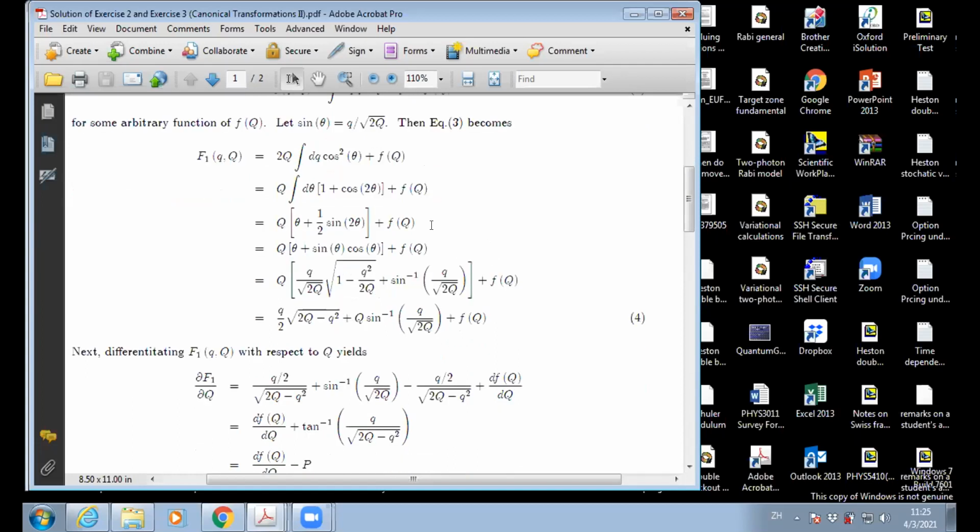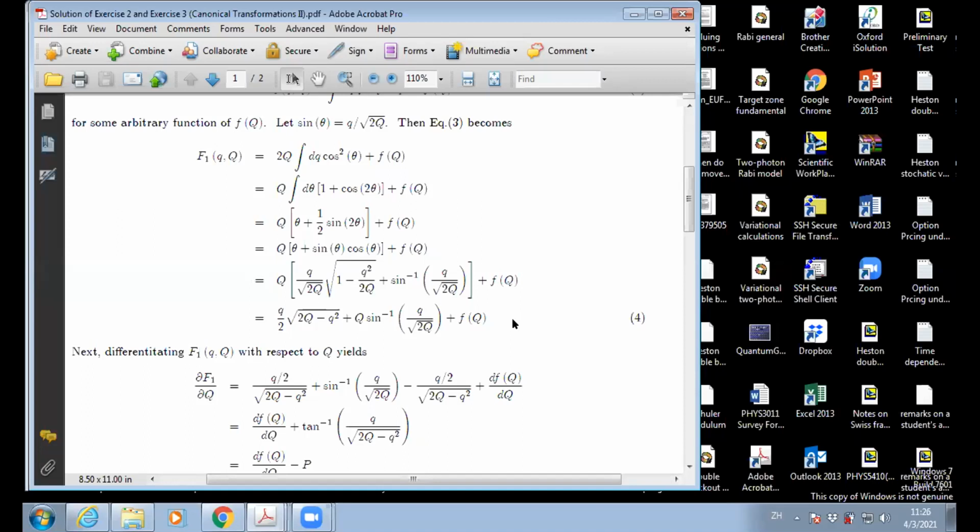And then I try to express the results in terms of small q and capital Q. In other words, we just go backward, all right? Reverse the definition, and here is the final expression in equation 4.